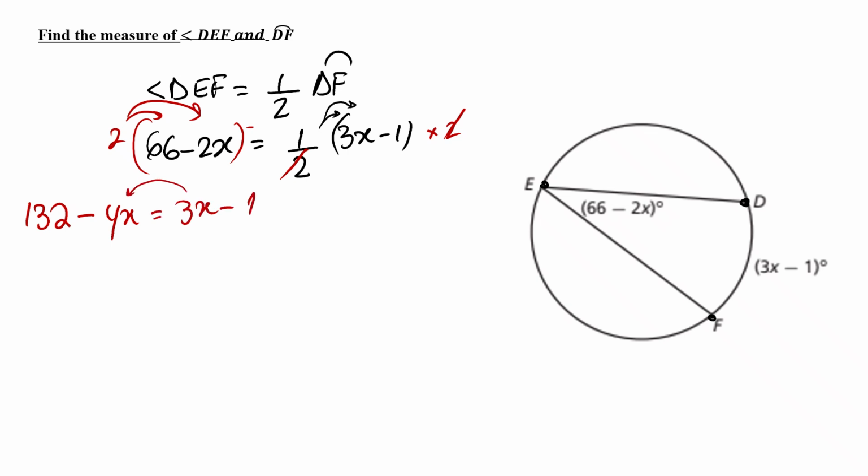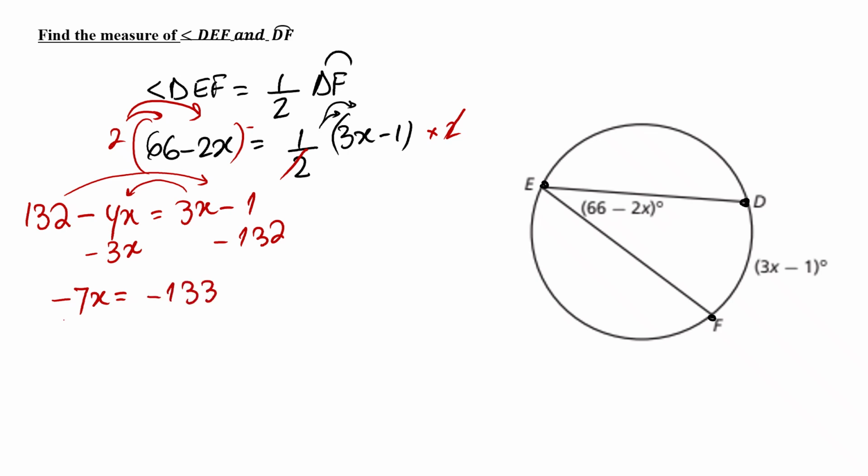Bring the 3x to the other side, it gives me minus 3x. Bring the 132 to the other side gives me minus 132. Minus 4x minus 3x gives me minus 7x equals minus 132 minus 1 gives me minus 133.